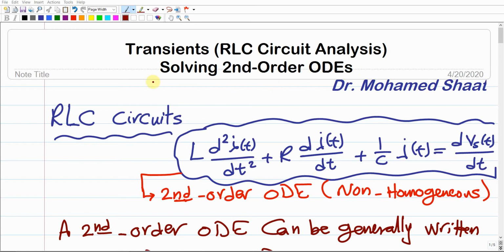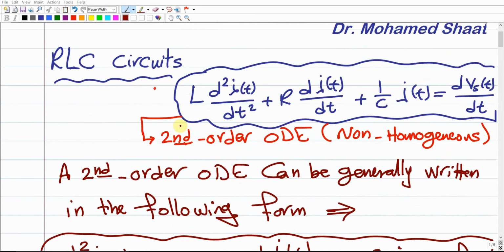And as we discussed before, this is the circuit equation that we already derived for the RLC circuit, which includes L, the equivalent inductance of all the inductors that exist in the electrical circuit, R, the equivalent resistance, and C, the equivalent capacitance, in addition to i, which is the current.